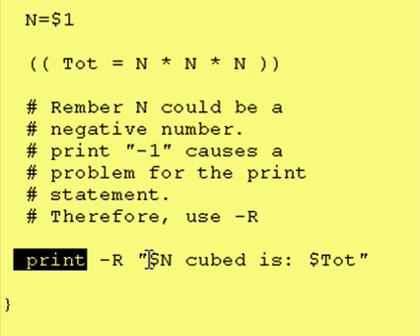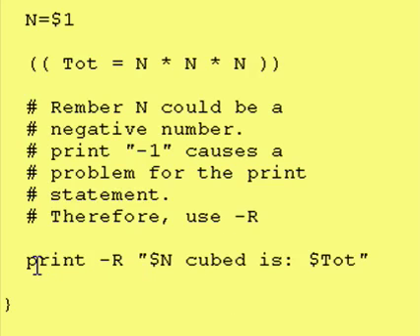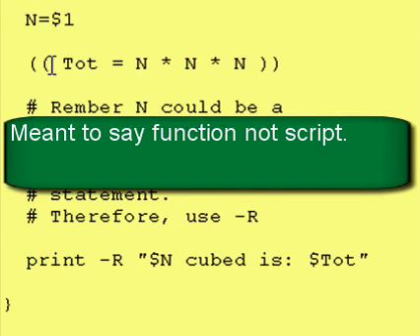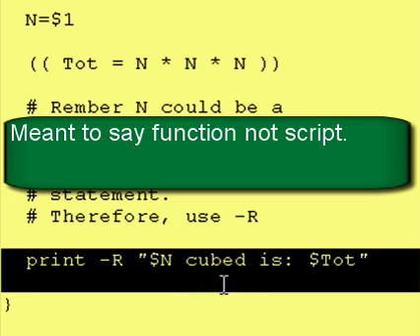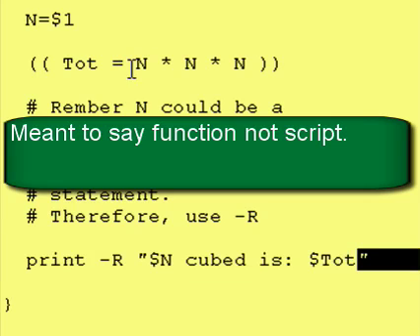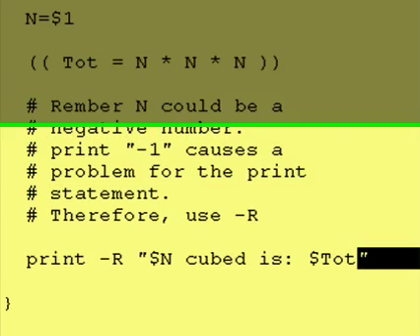It doesn't know that the -5 is actually part of this text that you want to print. Therefore, in order to make Korn Shell realize that the -5 is part of the print statement, you need to put a -r right before it. So once again, our script just takes in a number, it cubes it, and it prints it, and we also print the name of the function as saved in $0.